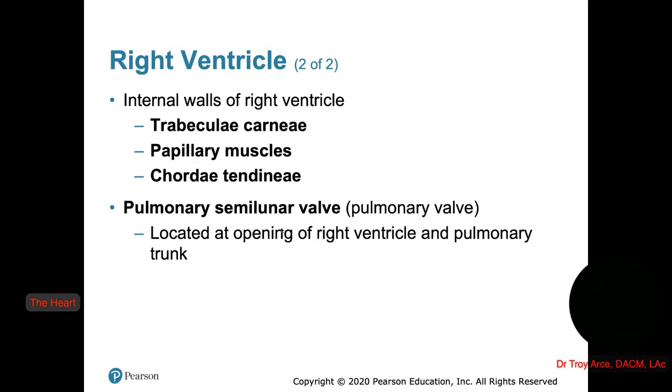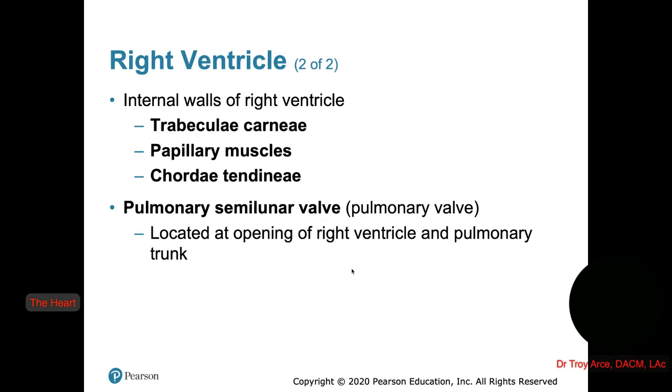The pulmonary semilunar valve is a pulmonary valve that is located at the opening of the right ventricle and the pulmonary trunk. So this is your semilunar valve. Right? This is in between the right ventricle and the pulmonary trunk, before it gets pumped out of that ventricle into the pulmonary trunk and into the lungs.